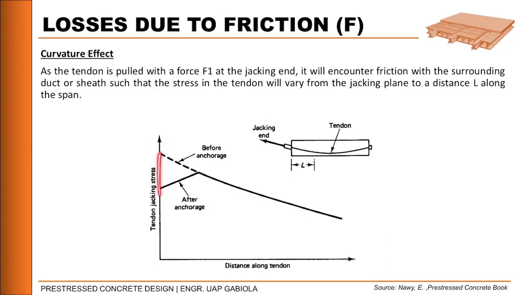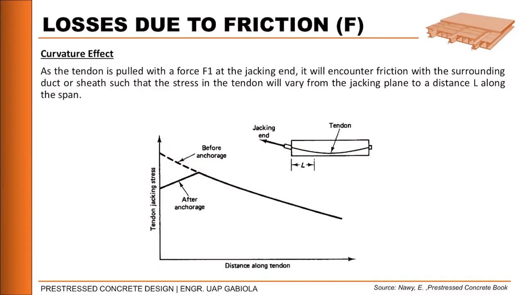Kasi nga, nandun mismo yung malaking friction, no? Doon sa area na to. And then pag nakita natin, at some distance, L, umuunti na yung nababawas na friction, eventually parang babalik na siya doon sa original value niya. Okay? So, iyan yung nangyayari kapag sa curvature effect natin.